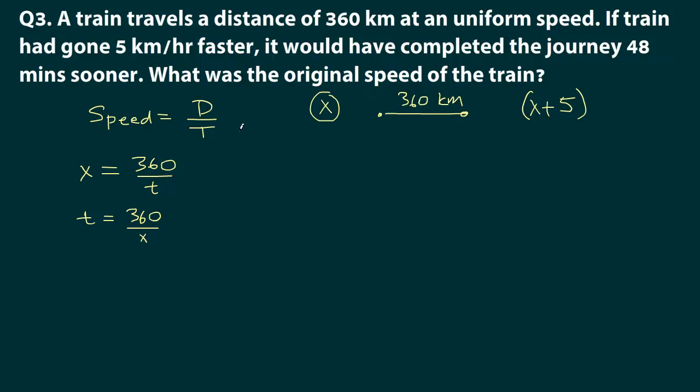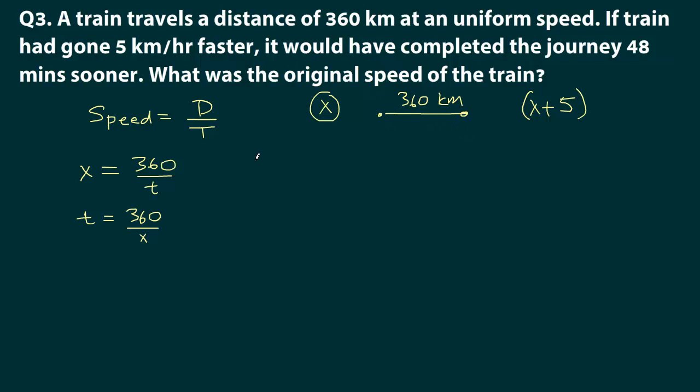And now in the second scenario, if the speed is more, let's understand this conceptually. If you are going faster, will you take more time or less time? Obviously, you will take less time because you are going faster, so you cover the same distance much quicker.